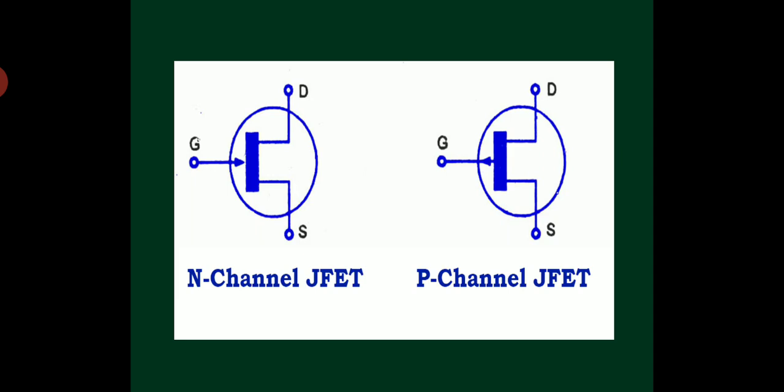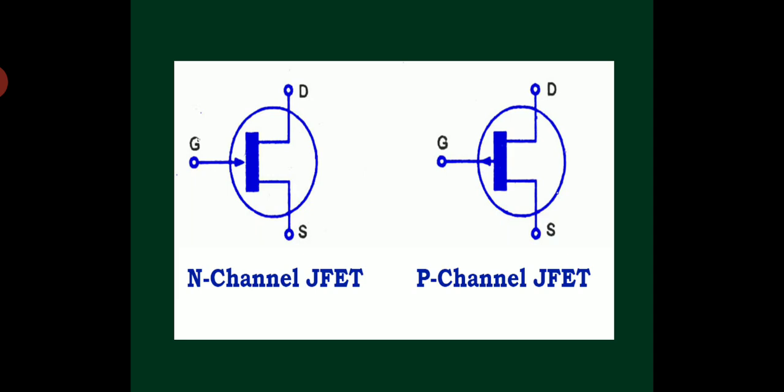BJT is classified as NPN and PNP transistors. Likewise, FET is classified as N-channel JFET and P-channel JFET. The difference is the type of channel here.